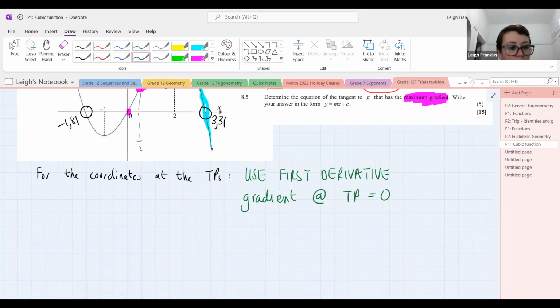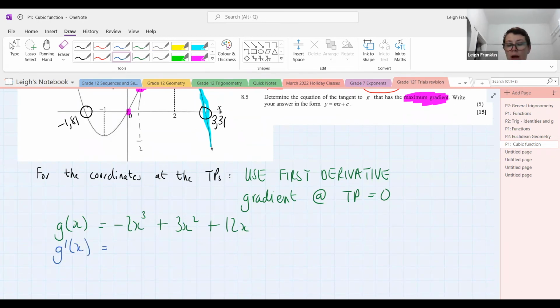Now we know that this graph is the graph of g of x, so g of x equals negative 2x cubed plus 3x squared plus 12x. We take the first derivative using the power rule. So g prime x: we apply our power rule to every term. 3 times negative 2 gives us negative 6x squared, 2 times 3 gives us 6x, and 1 times 12 gives us 12.